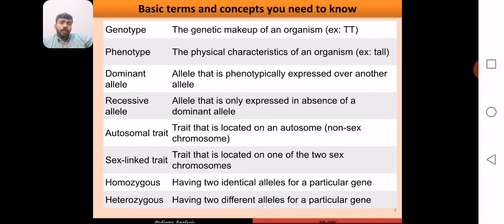If you want to know more, you can refer back to one of my videos in which you can find the reproduction pattern, the basis of inheritance and sex determination, in which all those things have been discussed.